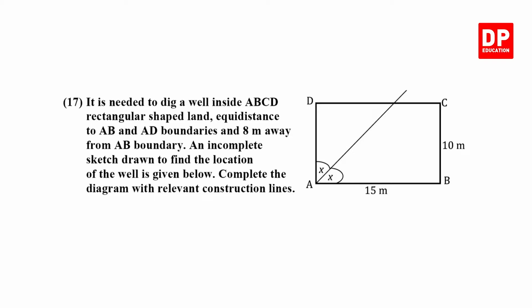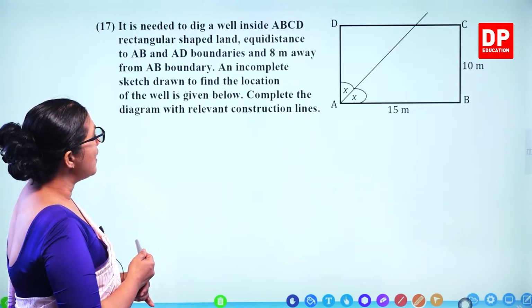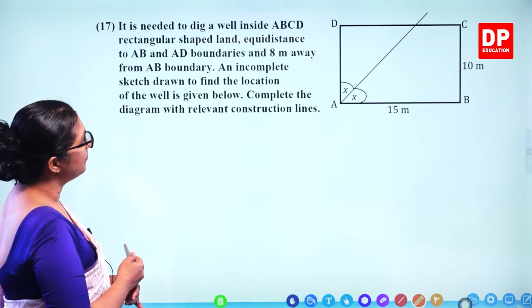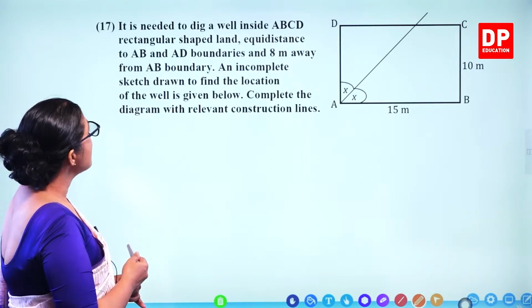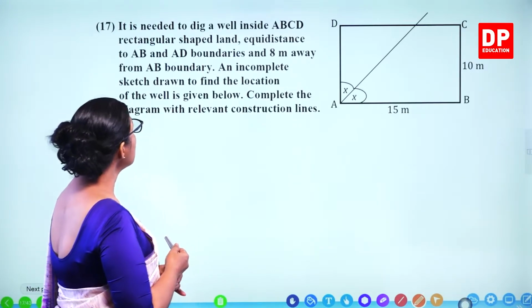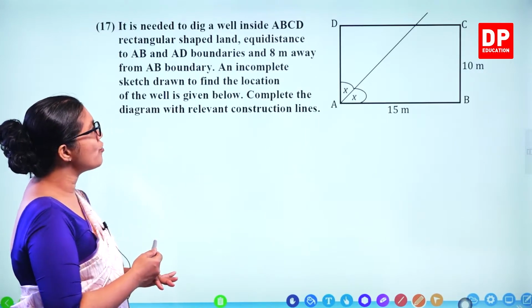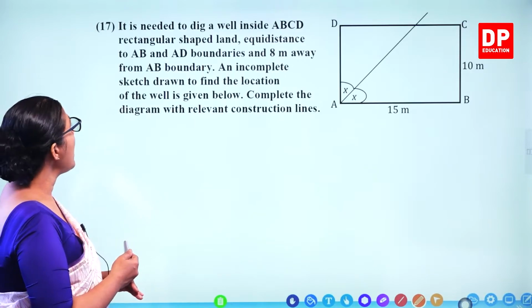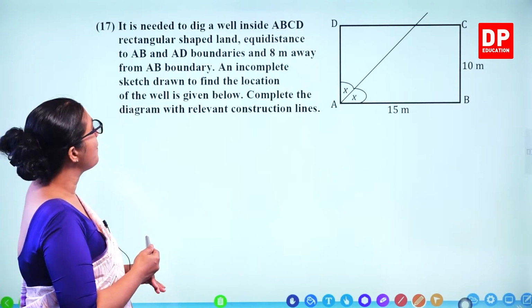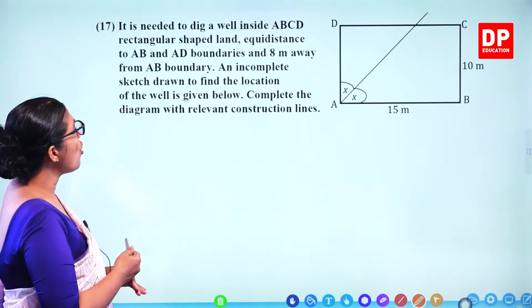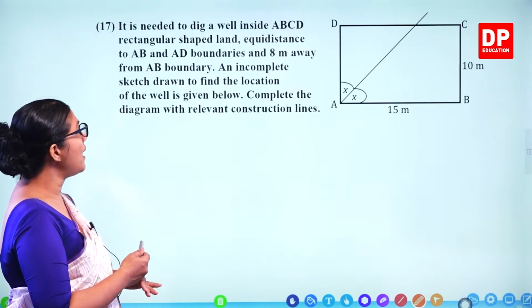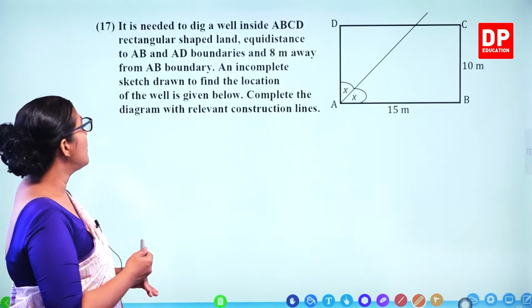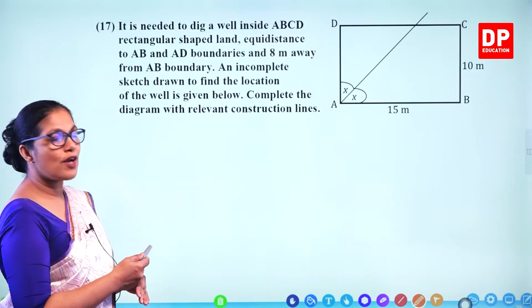Question number 17. It is needed to dig a well inside ABCD, rectangular shaped land. Equidistance to AB and AD boundaries and 8 meters away from AB boundary. An incomplete sketch drawn to find the location of the well is given below. Complete the diagram with relevant construction lines.